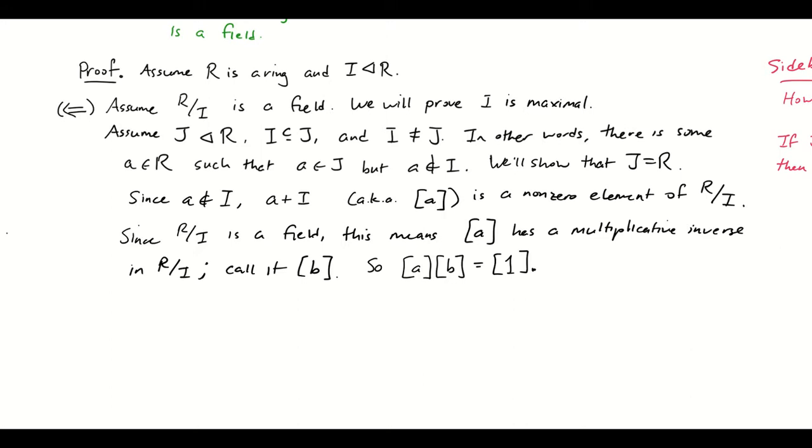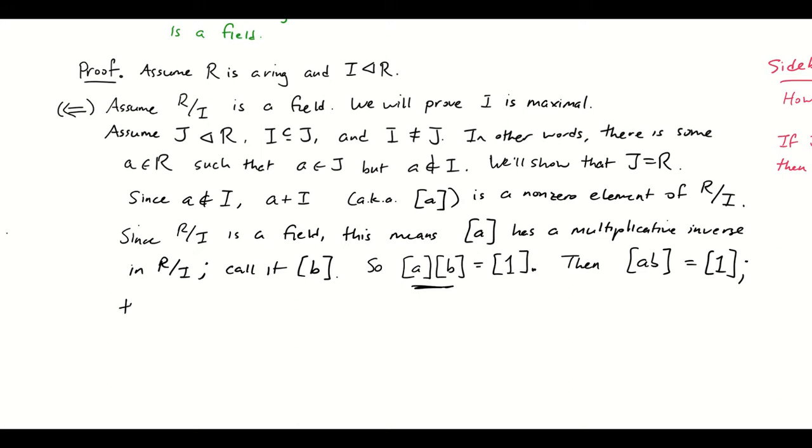Okay, so what does this mean? Well, just thinking about how the arithmetic on congruence classes is defined, this means the class of AB is equal to the class of 1, because the class of A times the class of B is defined to be the class of A times B. And what does that mean?